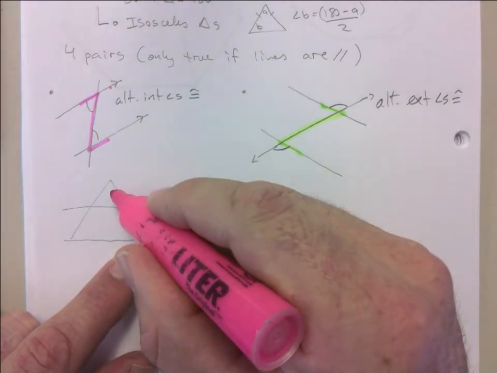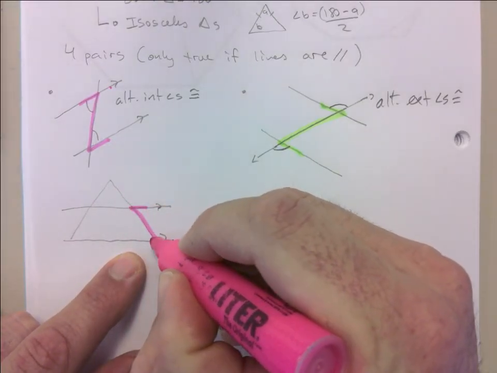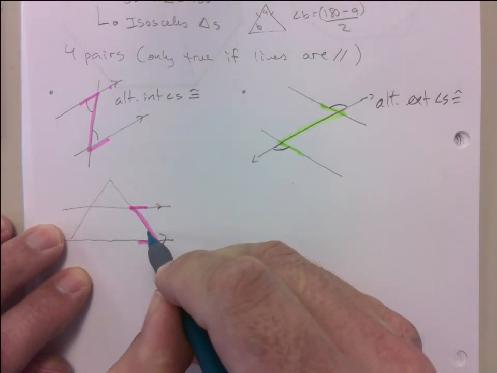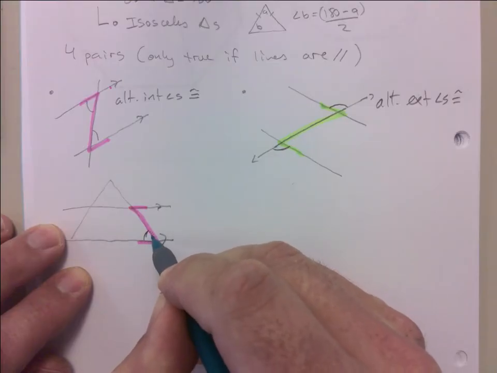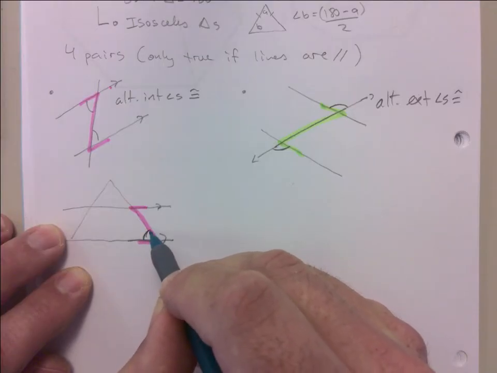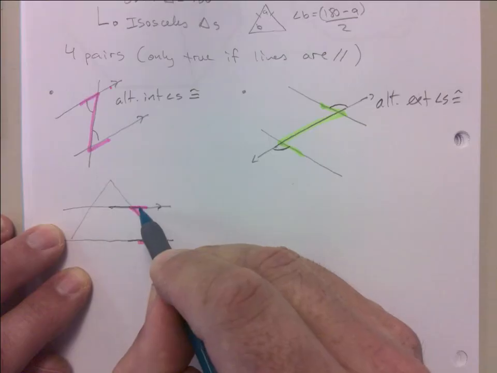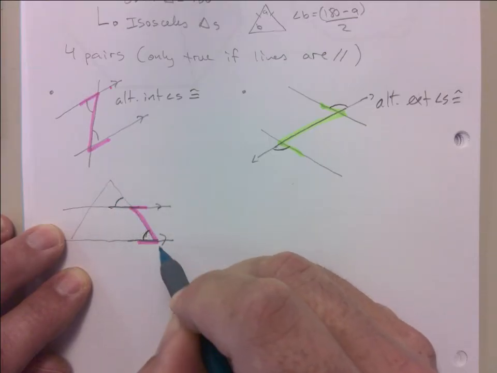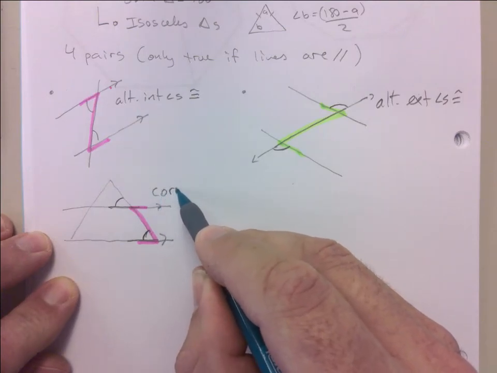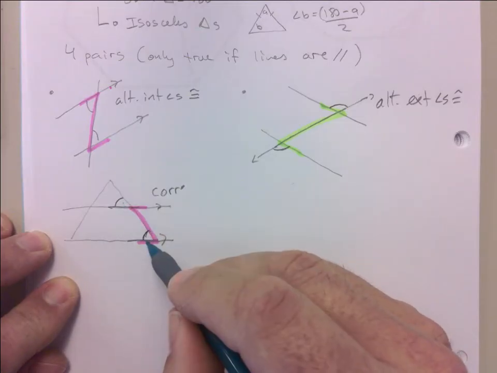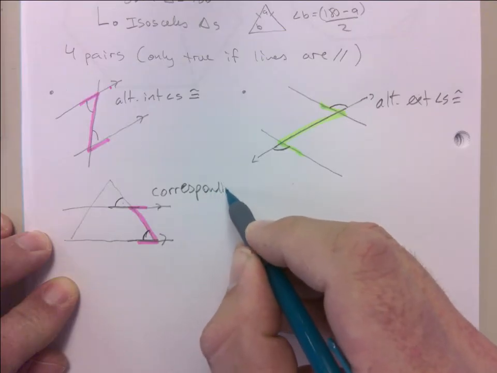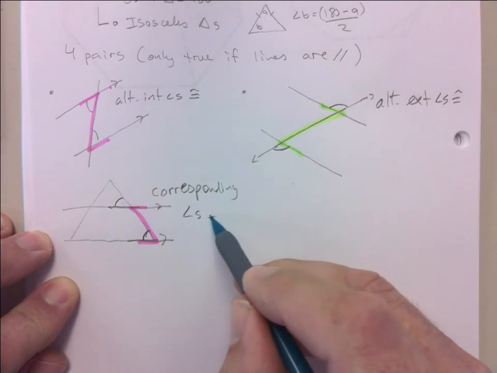If you're traveling on this one and you notice there's a Z there somehow, we know that this one that touches the transversal, if this parallel line which touches the transversal is a certain angle, then this parallel line that touches the same transversal here, what do we call those two? Corresponding angles.